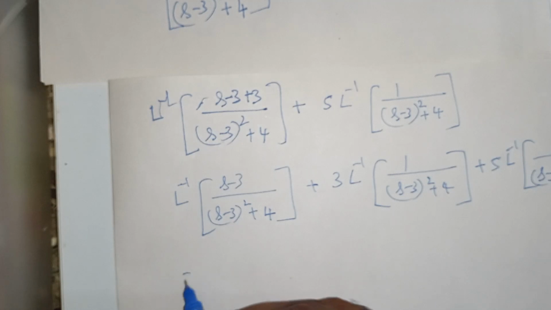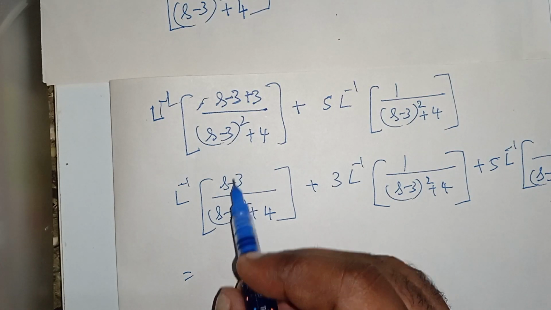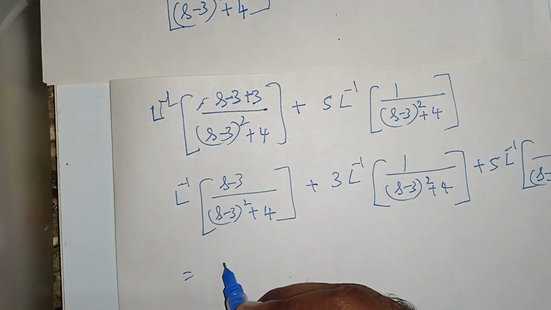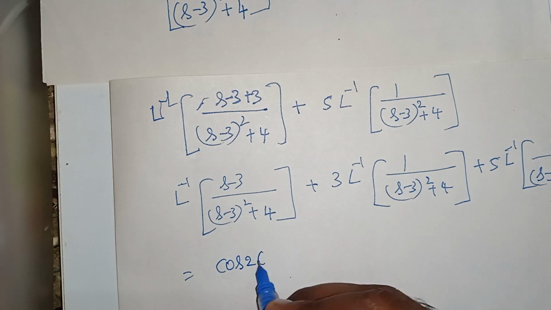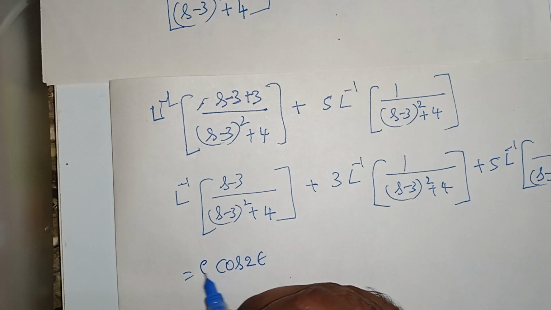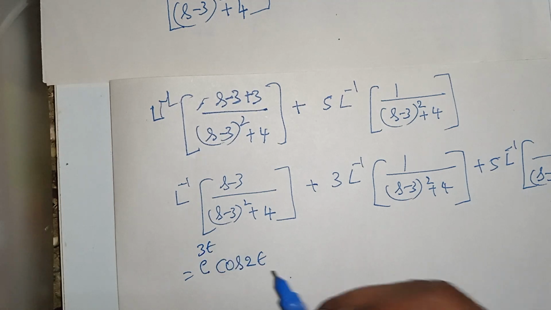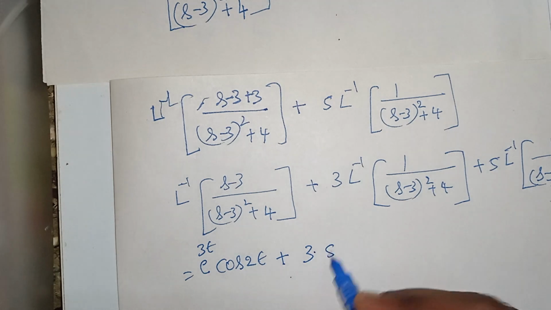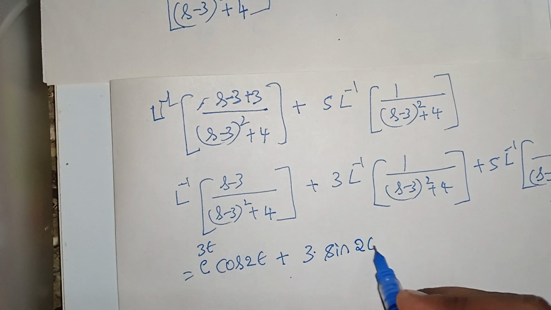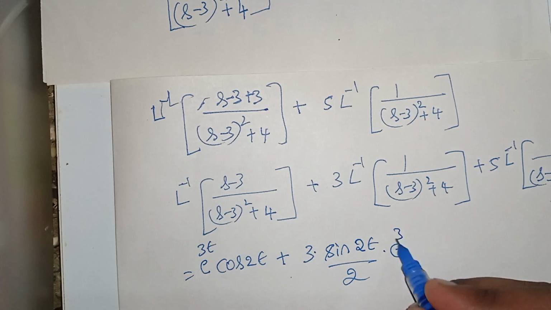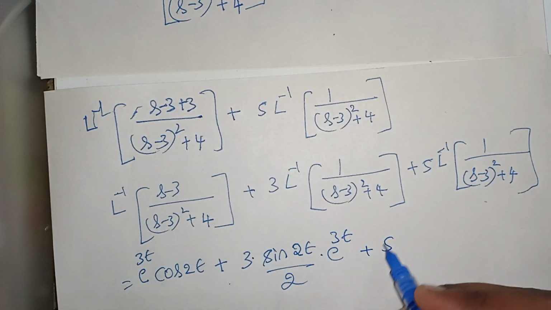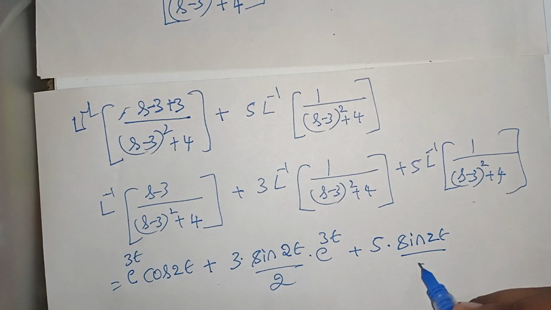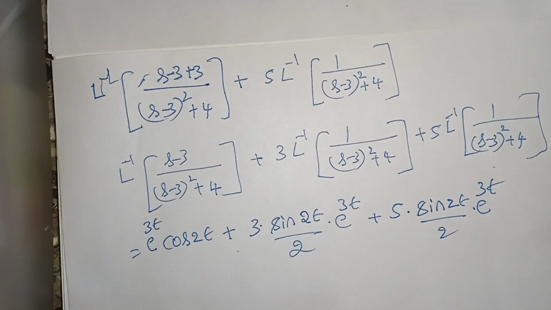So if you observe here, just imagine you don't have 3, so it is L inverse of s divided by s square plus 2 square, which gives you cos 2t. Because s is replaced by s minus 3, pre-multiply e power 3t. And here 3 into sine 2t by 2 pre-multiplied by e power 3t, and here 5 into sine 2t by 2 pre-multiplied by e power 3t.